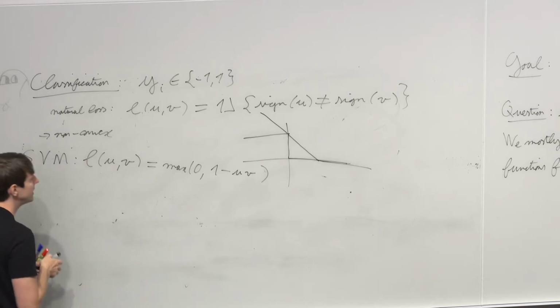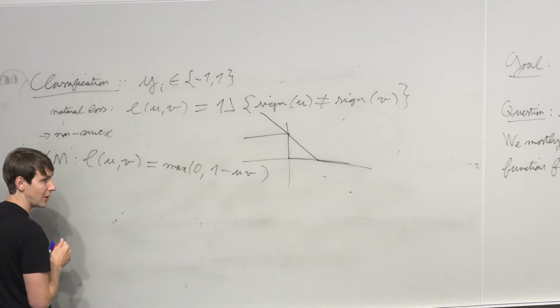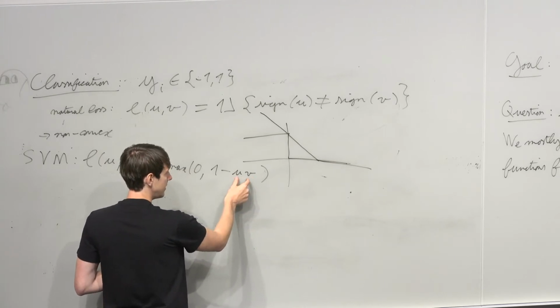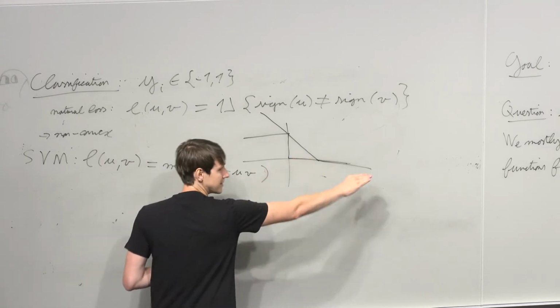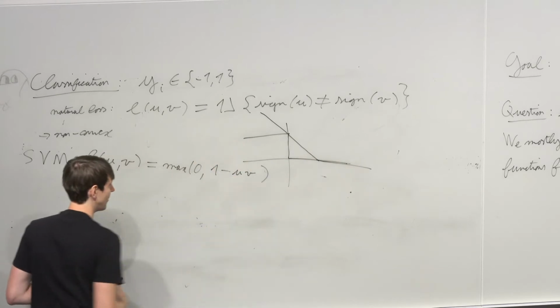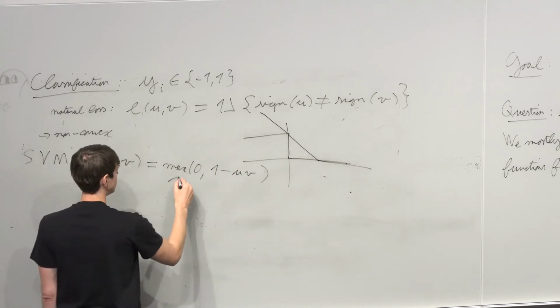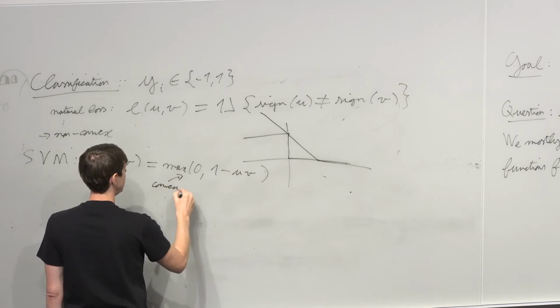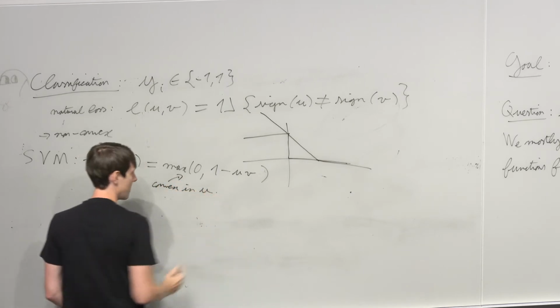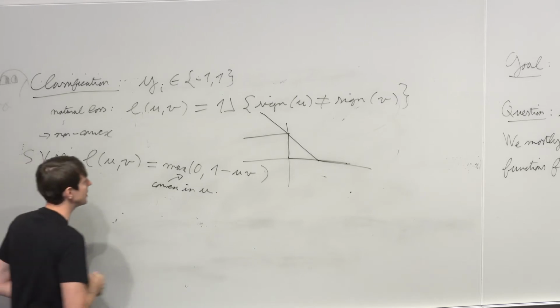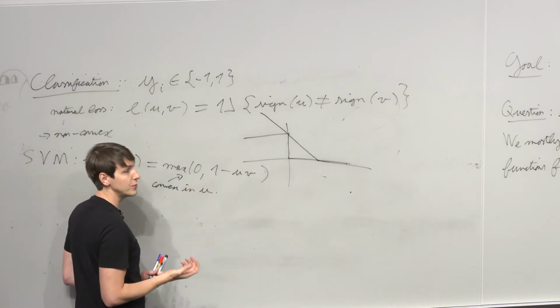Okay, so v is a -1 or a +1. You see that if they agree and uv is bigger than 1, then the loss is 0. So this is exactly this function, and this is a convex function. Why is it convex in u, by the way? Because it's the maximum of two linear functions.